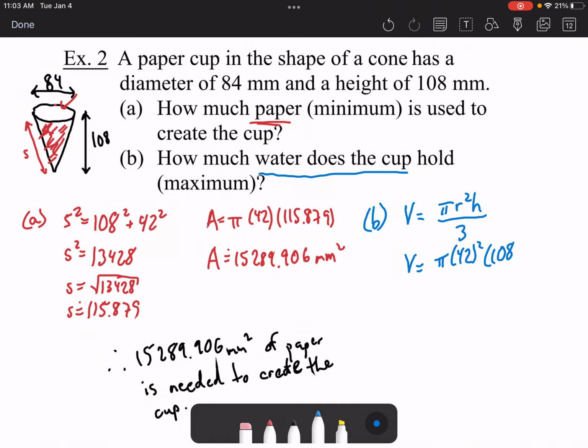Height is 108. As you can see, it's just substituting the values in. And we get 199,503.700, and again the units, millimeters cubed.